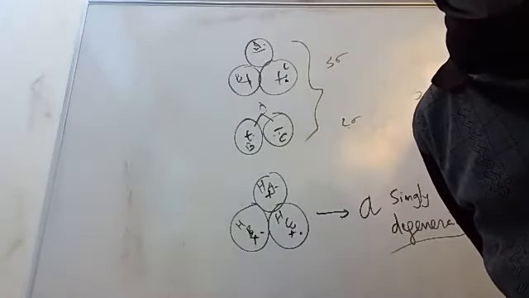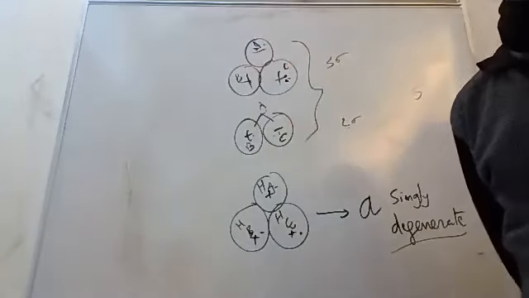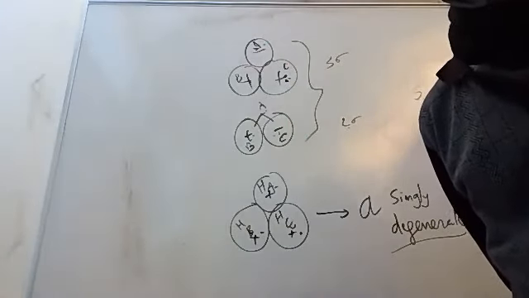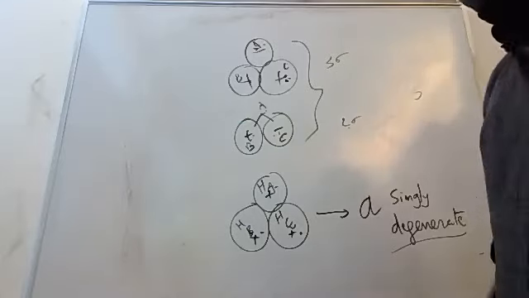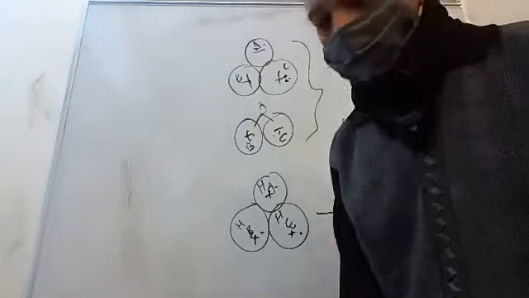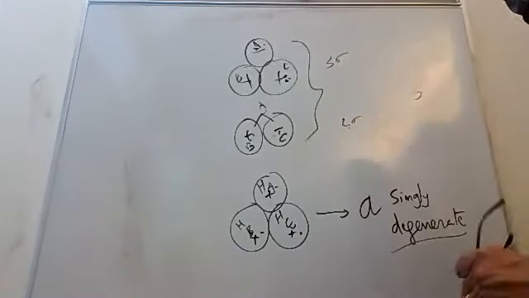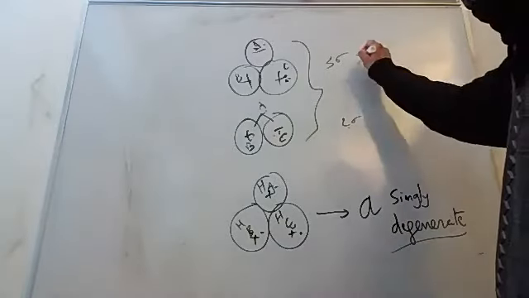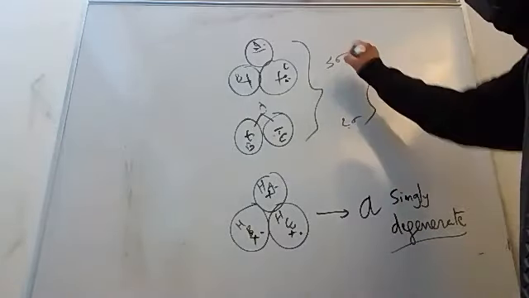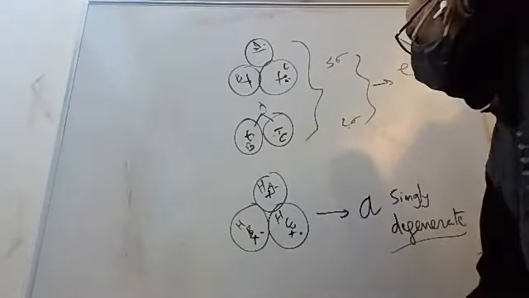So what's the net effect? 2 antibonding, 1 bond, so you have 1 antibonding. That's exactly what I have here, 1 antibonding. So these 2 now have the same energy, 2 sigma and 3 sigma, and we call this set E. E means doubly degenerate.